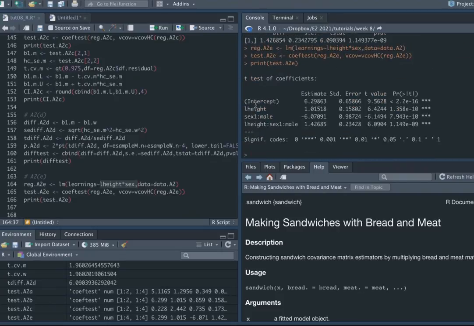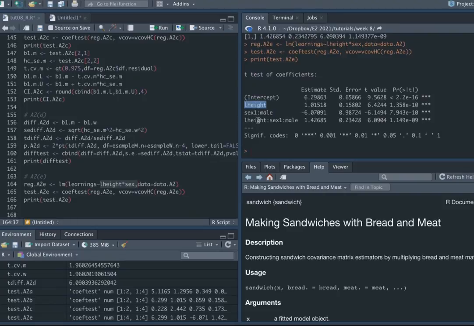And for the coefficient on height plus the coefficient on height times male, but male is 1, if you add these 2, 1 and 1.4, you get the 2.4 that we had before. But now, these are really the differences between men and women. And so this is the difference in the effect of height.